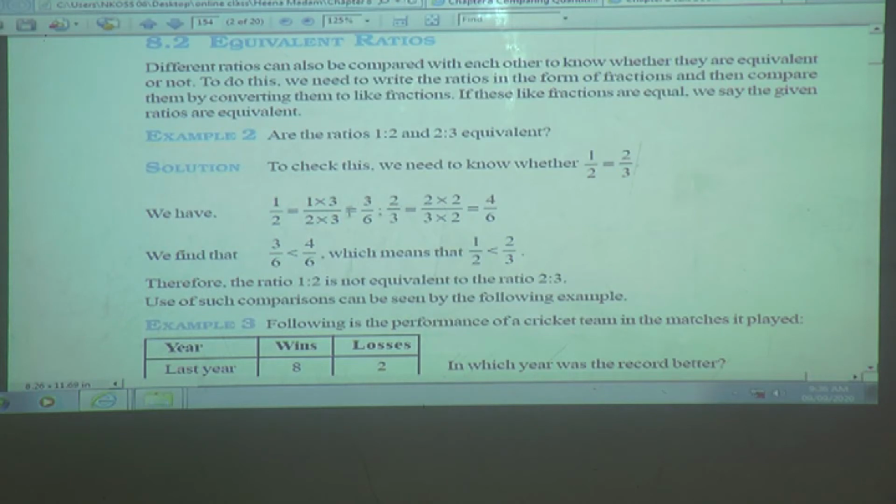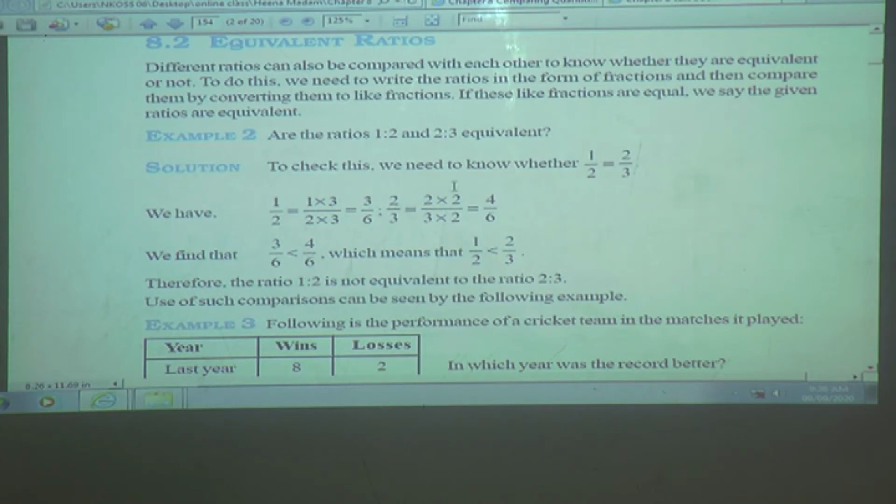Now both the fractions 3/6 and 4/6 have the same denominator, so we can do any operation: addition, subtraction, comparison. Here we compare 4/6 and 3/6, and 4/6 is greater. Since the denominators are equal, we compare the numerators.